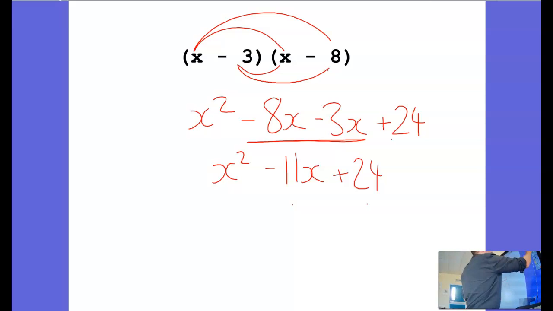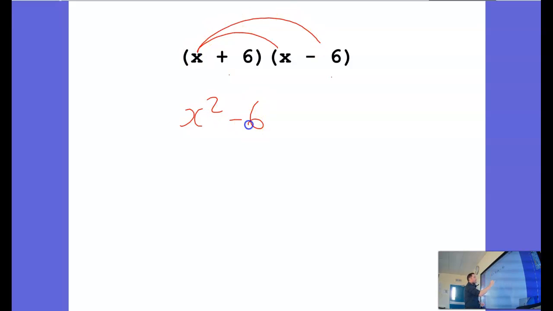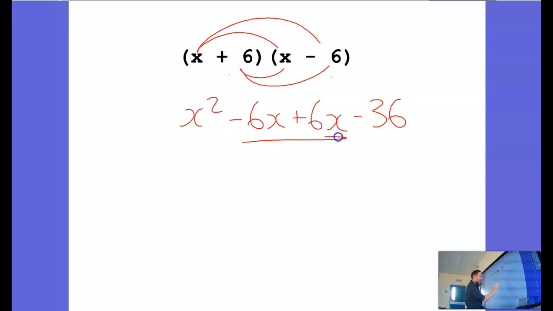Let's move on to when we've got a plus 6 and a minus 6. Let's see what happens with this. Front, x squared. Outside, minus 6x. Inside, plus 6x. And plus 6 times minus 6. Positive times a negative is a negative. And what happens here is these two middle terms, plus 6x and minus 6x, they cancel each other out. That is 0.